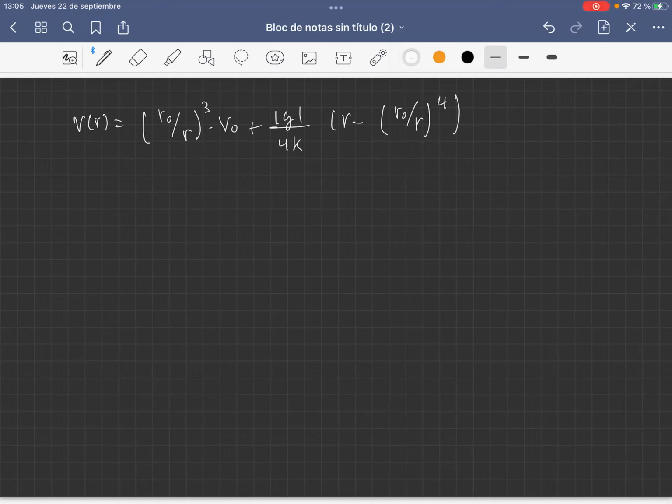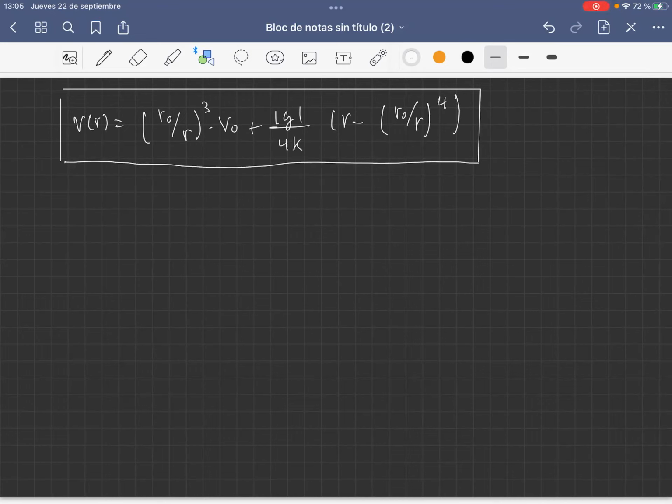So these will be how the velocity of a drop that is just formed under hypothesis 1, 2, 3, how the velocity of this drop changes with the radius, where r0 is the initial radius.